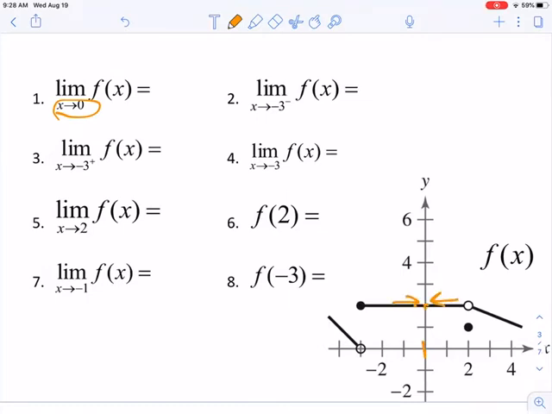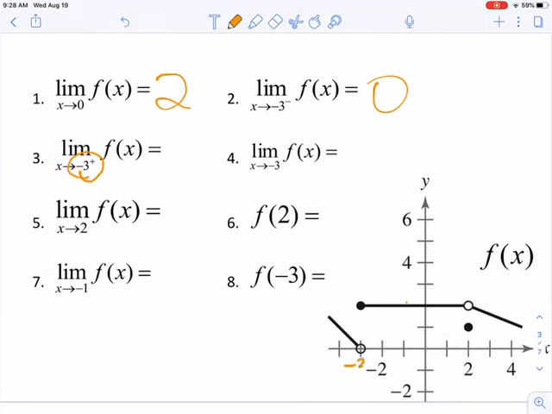Here we go. The limit as x approaches 0. Here's x is 0. From both sides, it looks like we are approaching that y value of 2. Number 2, the limit as x approaches -3 from the left. Here's -3 from the left. It looks like we're approaching that open coordinate, which has a y value of 0.